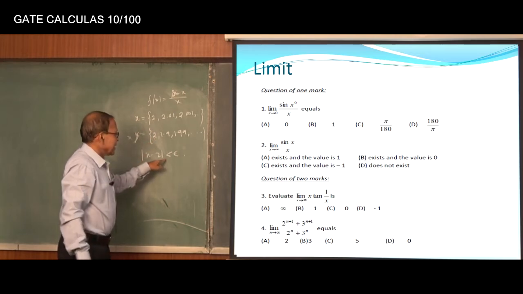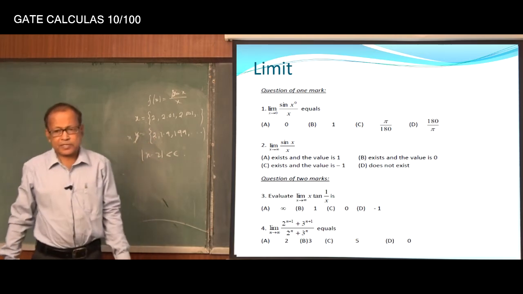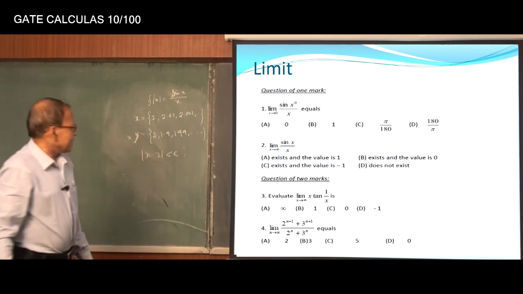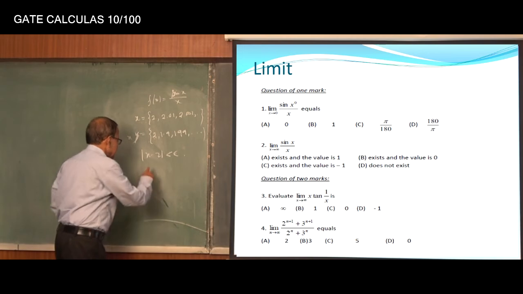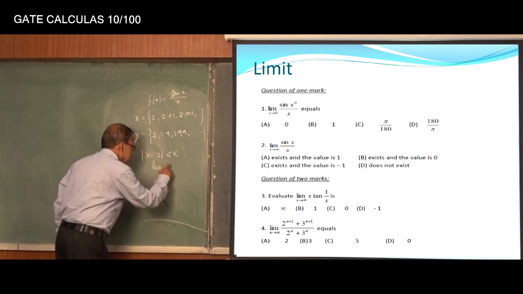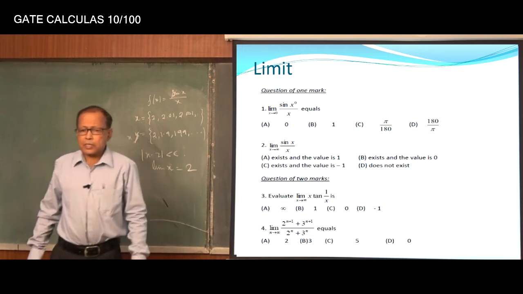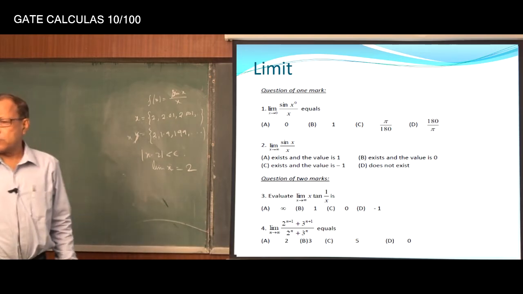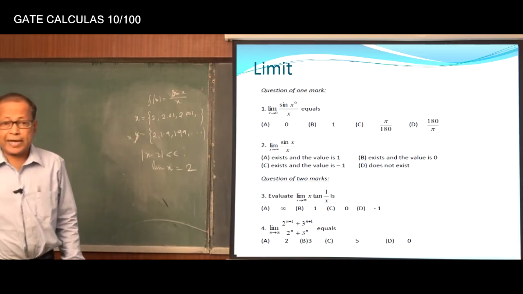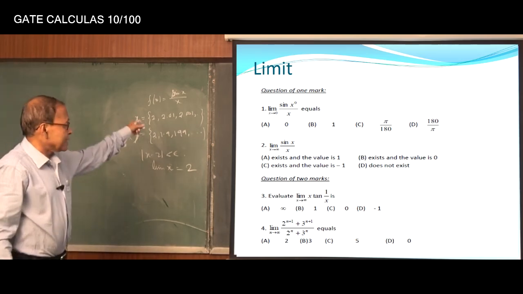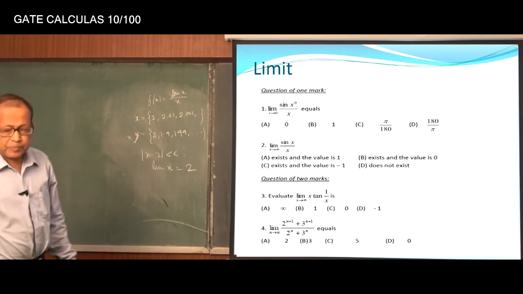If you can write this, then the limiting value of x is equal to 2. So, sometimes the limiting value will replace the actual value when the actual value cannot be determined. We have given one example and there are more examples also.